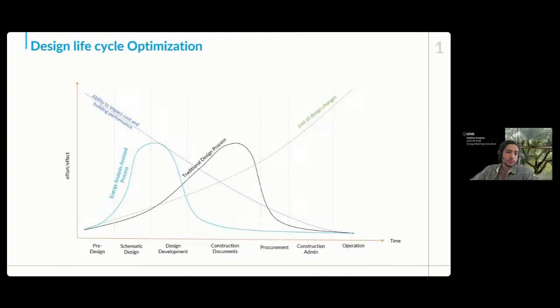What we often see in typical design processes is that these kinds of efforts get done towards the end, and then the cost is of course higher because everything is already spec'd out, and any design changes are way more expensive. If we implement this process from the pre-design phase, we can accomplish a lot with way fewer resources.